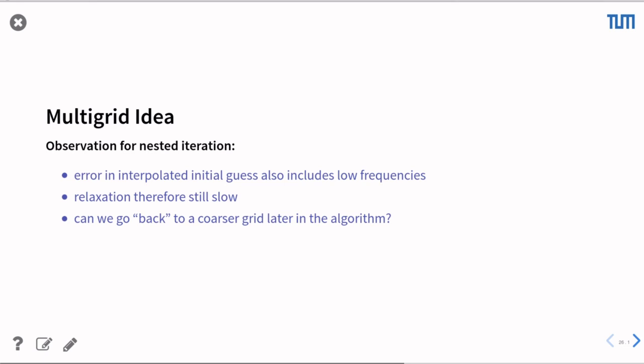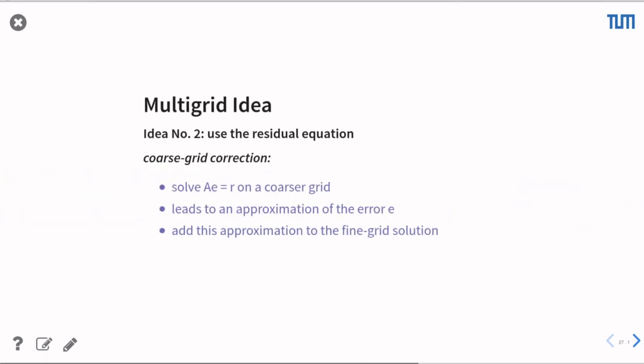So we've reduced them, but we haven't gotten rid of them. That means that the relaxation is still slow. So the question is, can we go back to a coarser grid later in the algorithm? And right now we can't, because we don't know how to do that. But of course, actually we can.